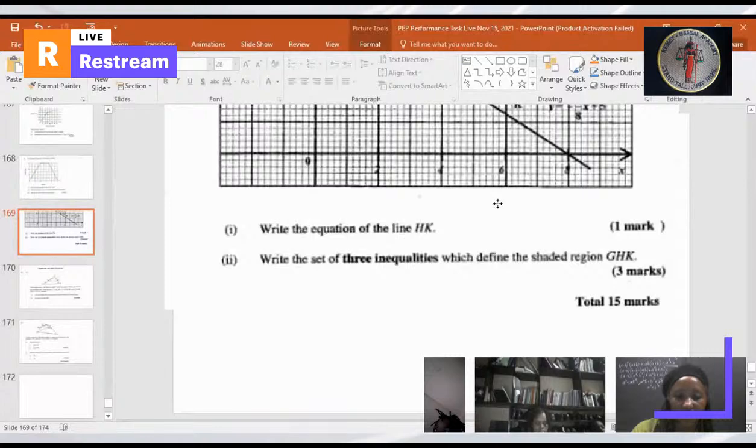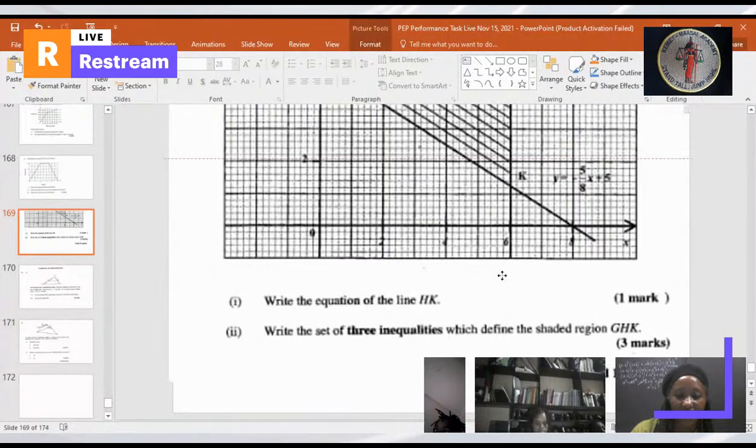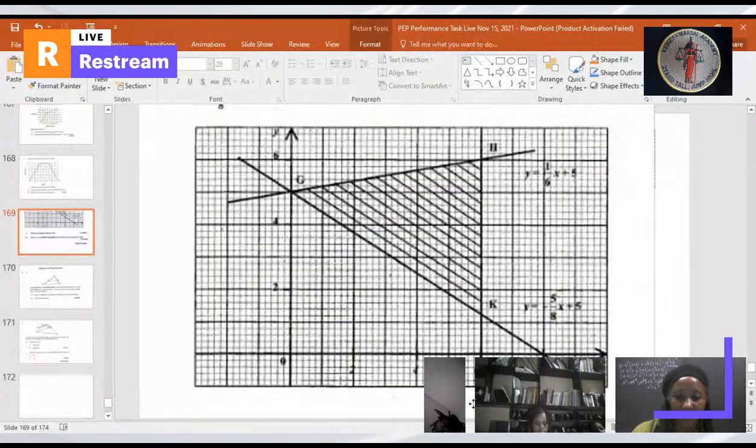Now, what do they want from us? They want the equation of the line HK. From H to K, so this line. This line here is the line y equals 5/8 x plus 5.